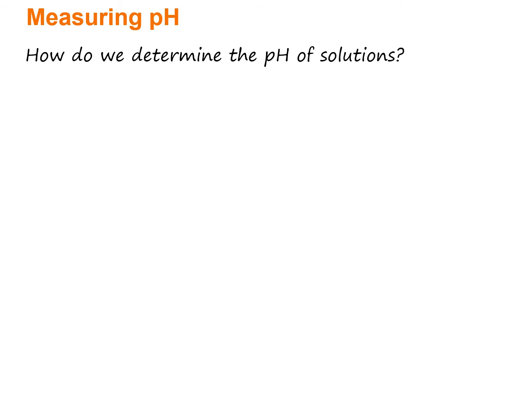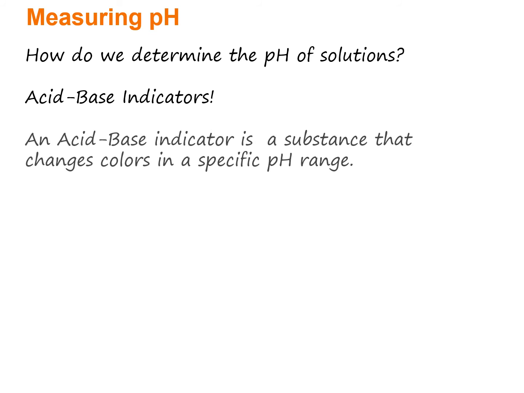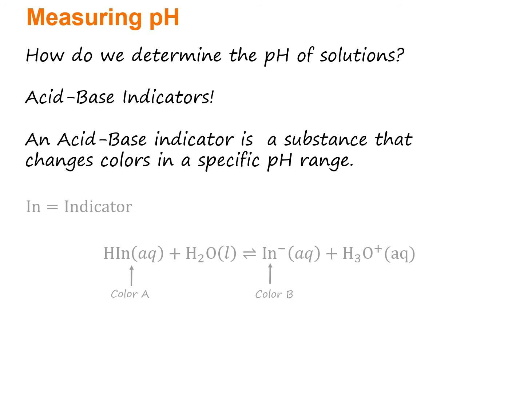If we're looking to determine the pH, one of the most common ways that we do that is we use acid-base indicators, as we have in several labs in the past semester, and I believe we have in this semester as well. An acid-base indicator, as you might be familiar with, is just a substance that's going to change colors in a specific pH range.